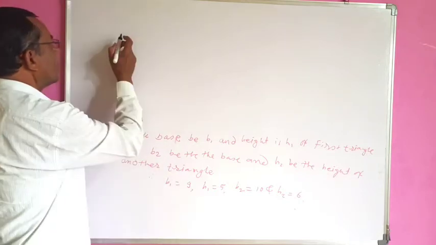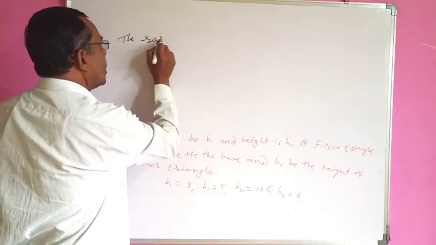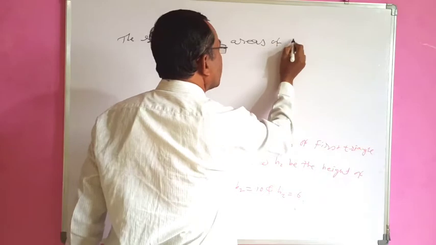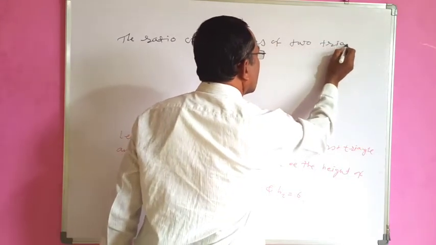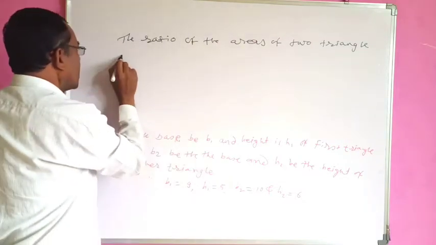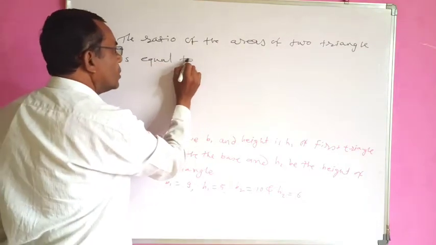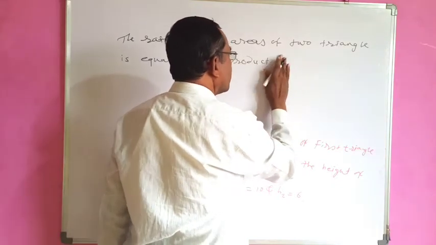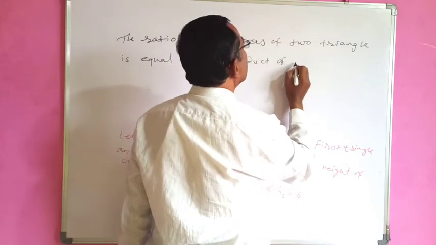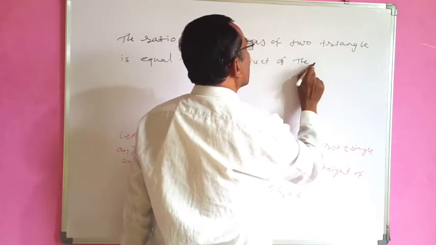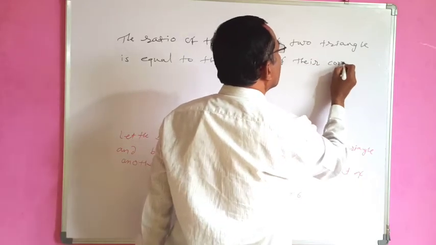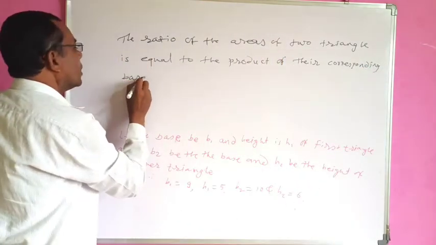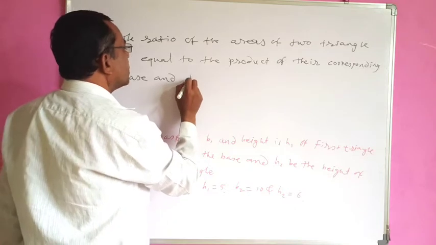The ratio of the areas of two triangles is equal to the product of their corresponding base and the height.